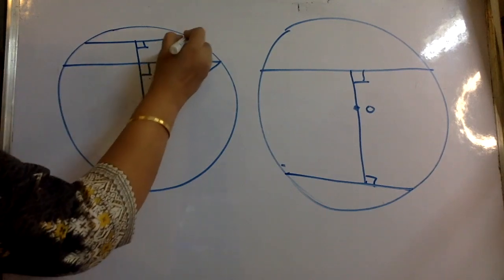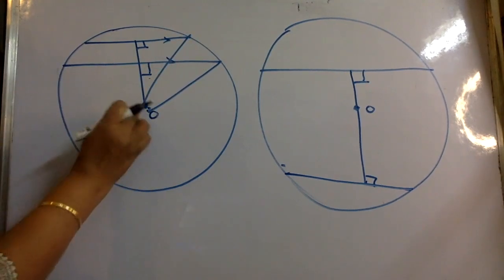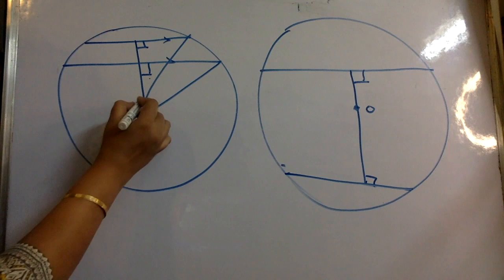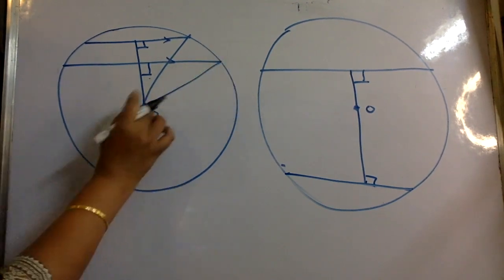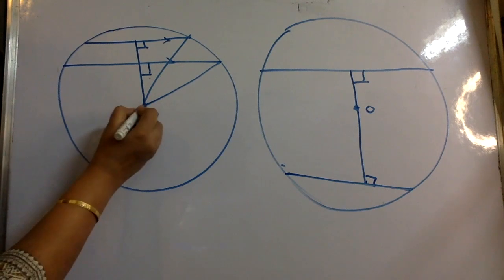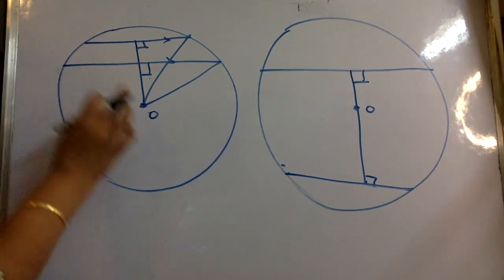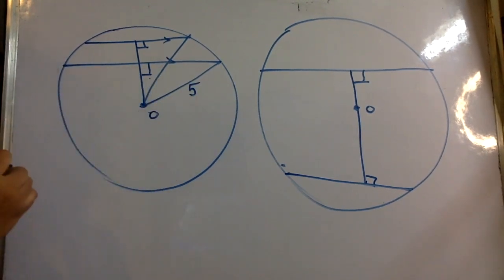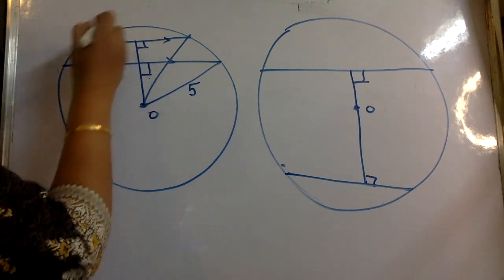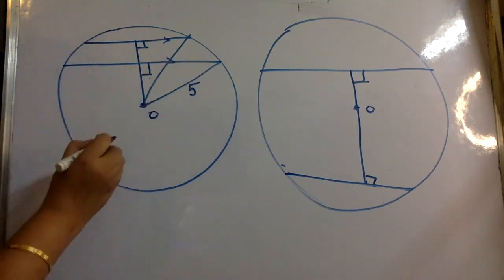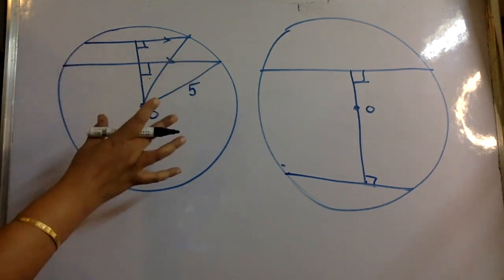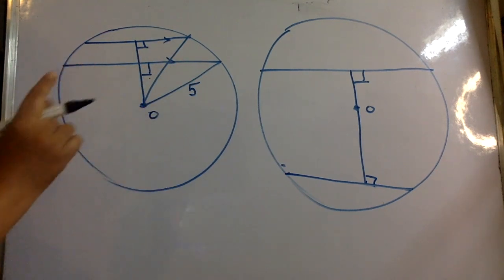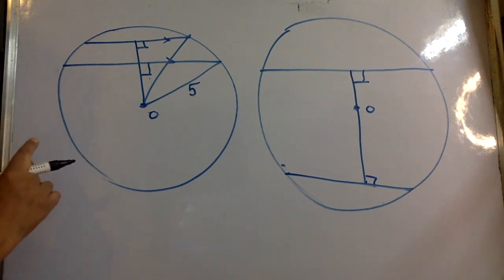Here I'm joining the two radii. Let me concentrate on this diagram first. Here is the center O. The radius is 5. The length of this is 6 and the length of this is 8. Now if a line is going from the center perpendicular to the two chords, then it is bisecting the chords, as we just learned from the theorem.